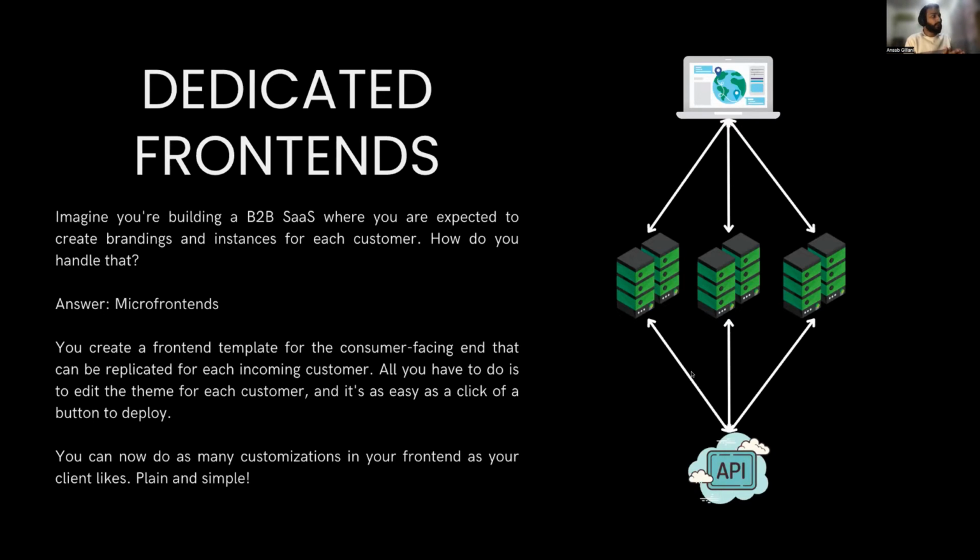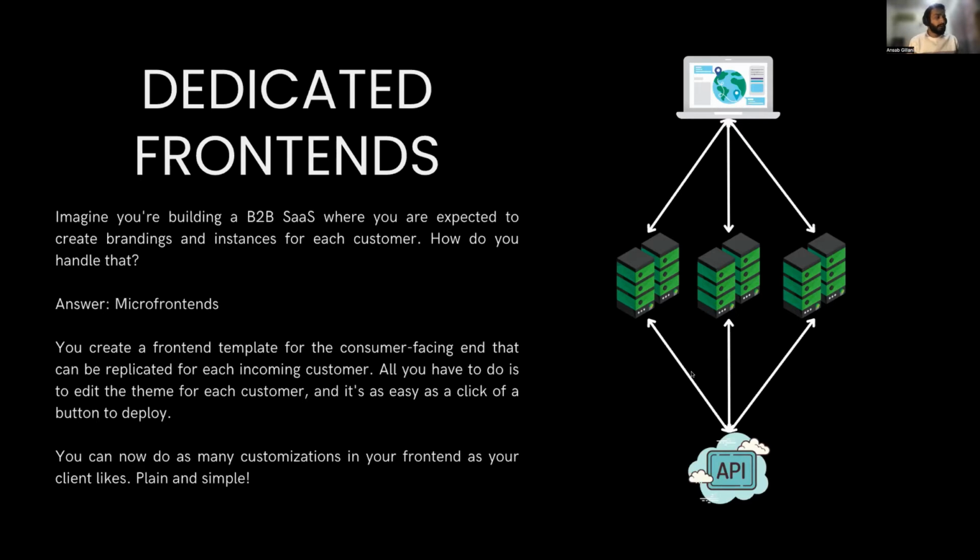What you do is you create a front-end template for each customer-facing application. You replicate that for each incoming customer. And all you have to do is edit the theme, edit the styling, converge all of that in a single instance and just deploy it. It's as easy as deployment.